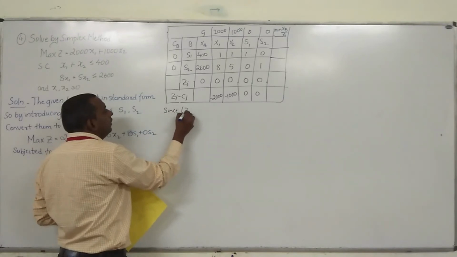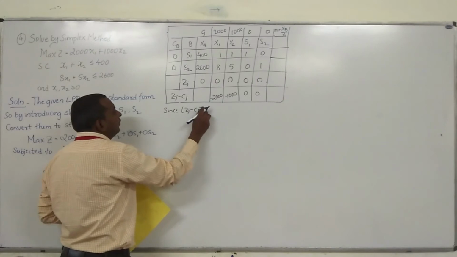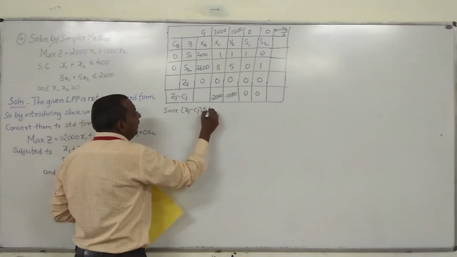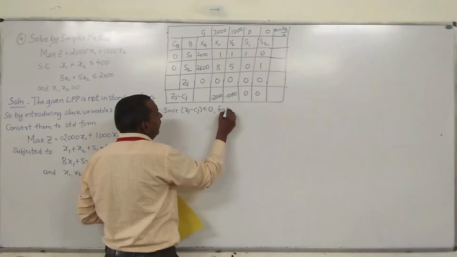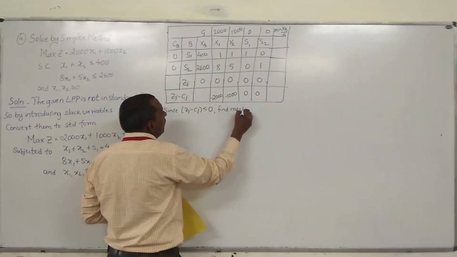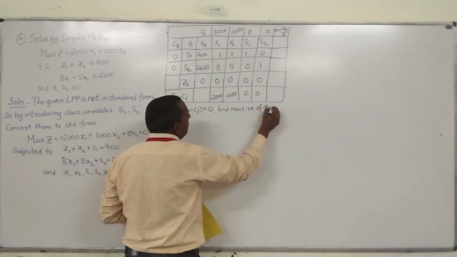Since Zj minus Cj is less than 0, find the most negative of them.